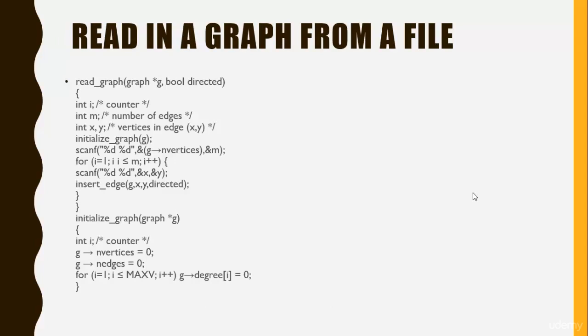This is the code for reading in a graph from a file. So read_graph takes an input pointer to the graph G and a boolean directed. Int i is a counter, m is the number of edges, and x, y are the vertices in edge (x, y).